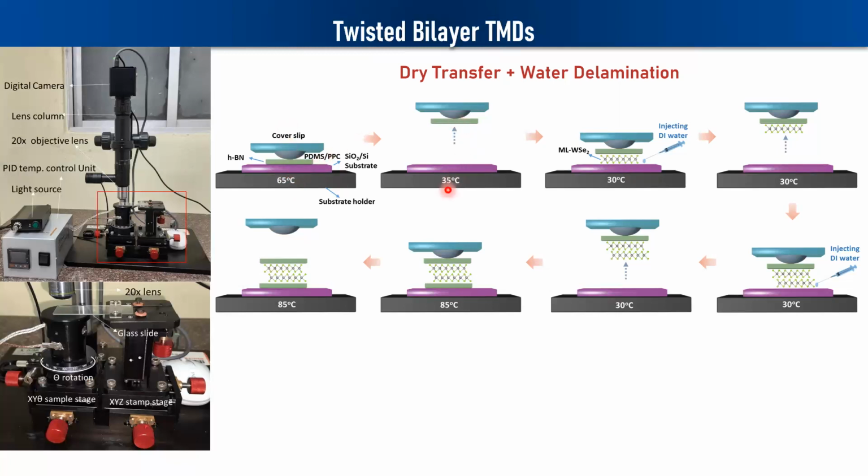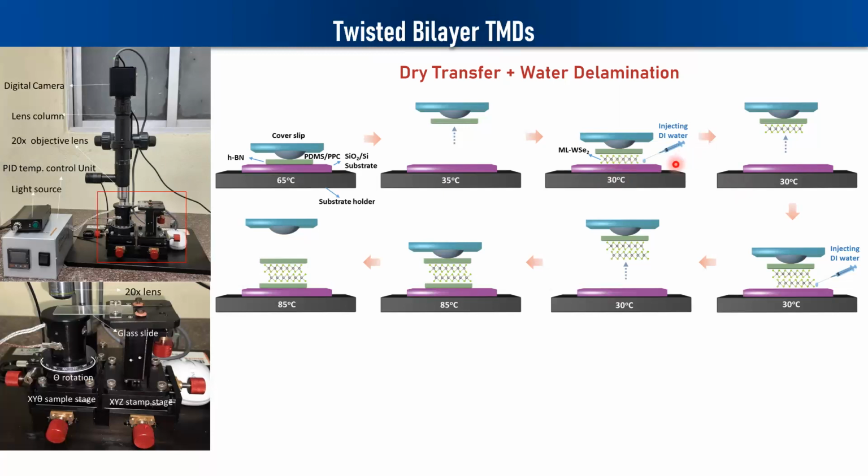Once we attach this hBN, it is placed on top of the WSe2 wafer. The problem is that on the as-grown wafer, the coupling of WSe2 to the substrate is very large, so it becomes difficult for the hBN to remove the WSe2 from the as-grown wafer.